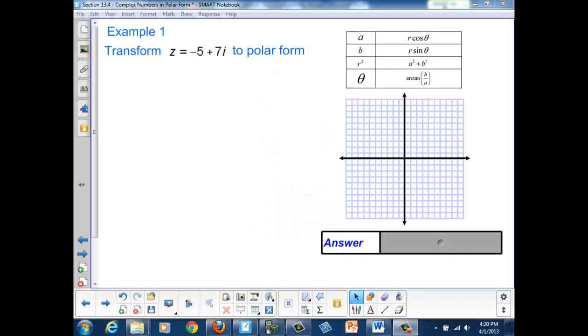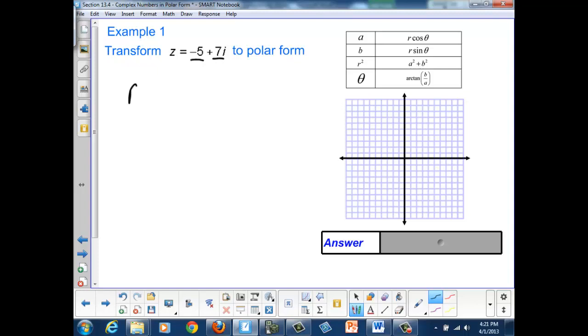So let's look at an example of converting Cartesian form to polar form. Here we have z being negative 5 plus 7i, and I want to convert to the r cis theta form. Well, I'll use my relationships here. r squared is going to be a squared plus b squared, where a is negative 5 and b is 7.